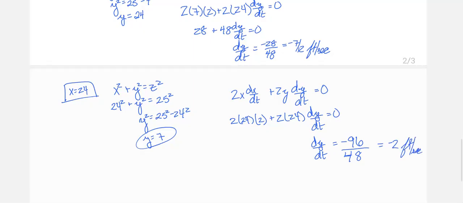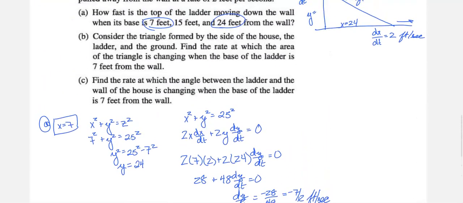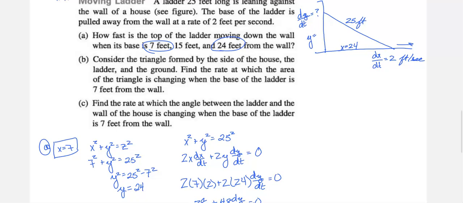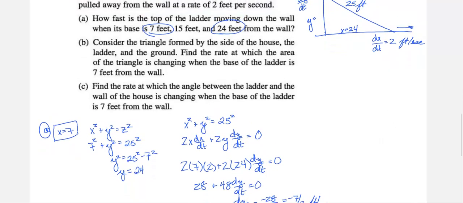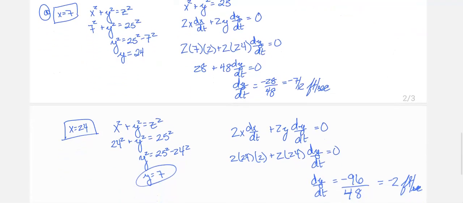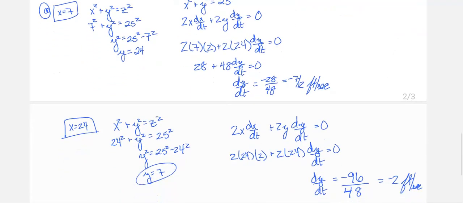Okay, so why is it negative? It's negative because the top of the ladder is falling down. And you can see that as the bottom of that ladder gets further and further away from the base of the house, the top is falling faster. So then if we were to do 15, we would get some number between these two values.